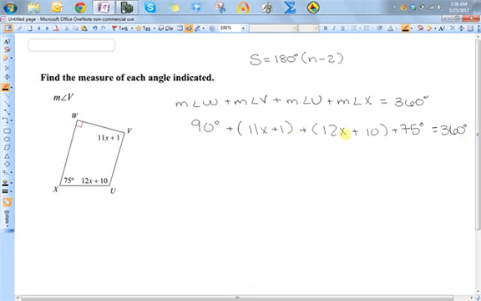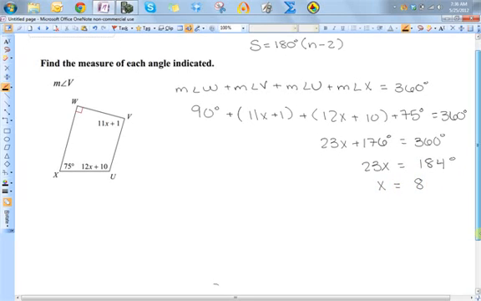So 90 plus 1 plus 10 plus 75 should equal 176, and 11x plus 12x should equal 23x, plus 176 equals 360 degrees. If I subtract 176 from both sides, I'll get 23x is equal to 184. And then if I divide both sides by 23, I'll get x is equal to 8.